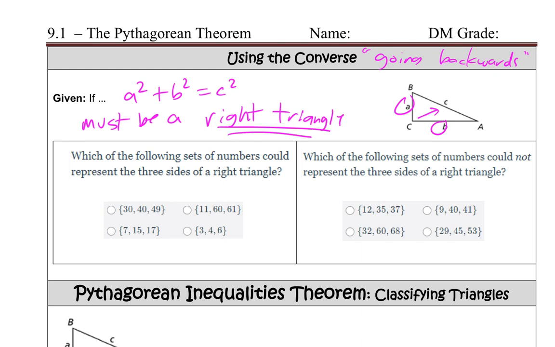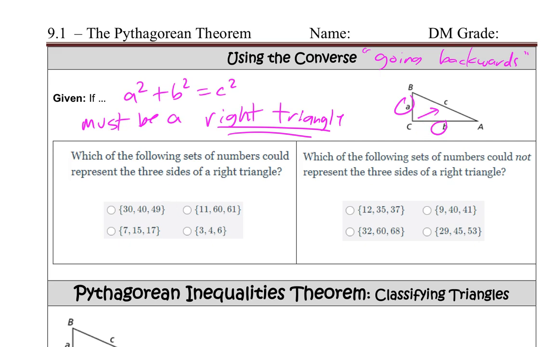This is working backwards from what we did before. Before, we said all right triangles satisfy a squared plus b squared equals c squared. Now we're saying if we know it's a squared plus b squared equals c squared, then it must be a right triangle.